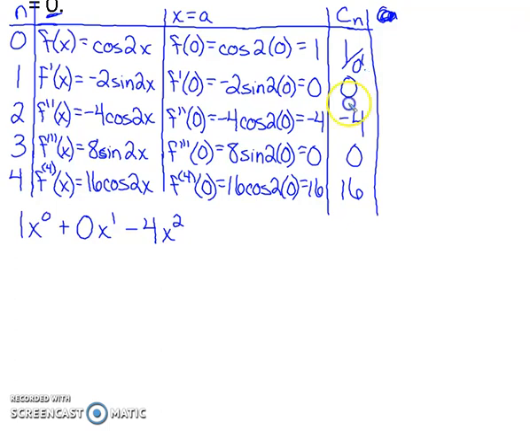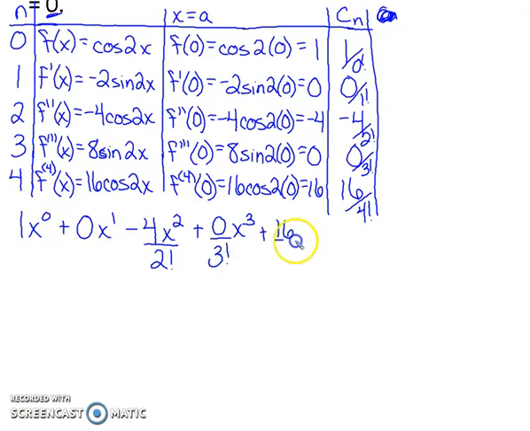So this would be over 1 factorial, 2 factorial, 3 factorial, 4 factorial. Remember, 0 factorial and 1 factorial are just 1. Here we would have over 2 factorial. Then plus 0 x to the third over 3 factorial. And then plus 16 over 4 factorial x to the fourth.